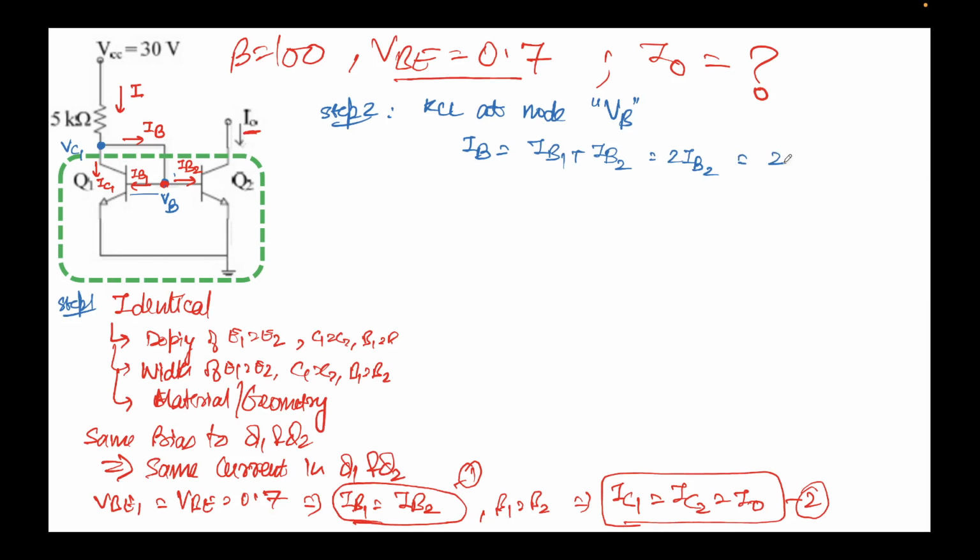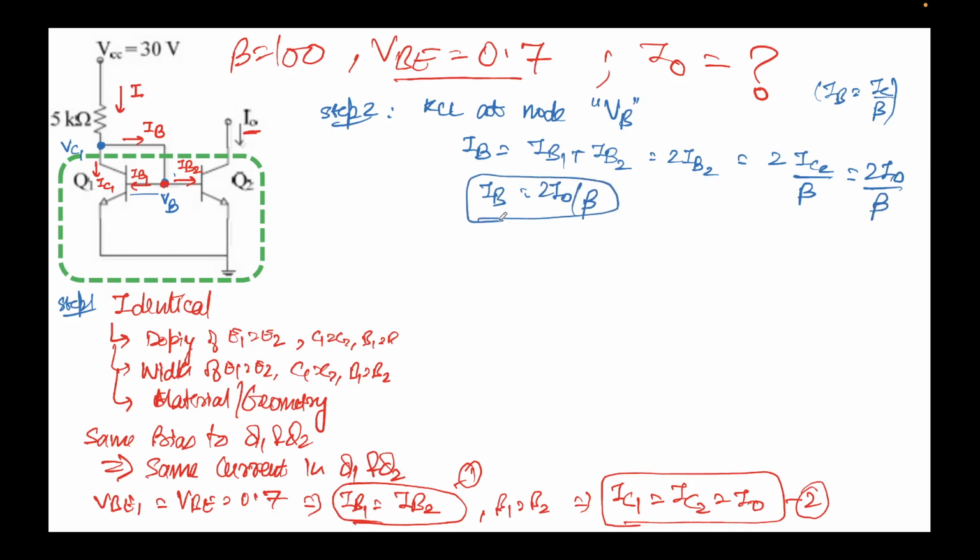And I can write it as 2 IC2 over beta, because IB is equal to IC over beta, and IC2 is nothing but I0. So IB is 2 I0 over beta, and let's call this expression 3.